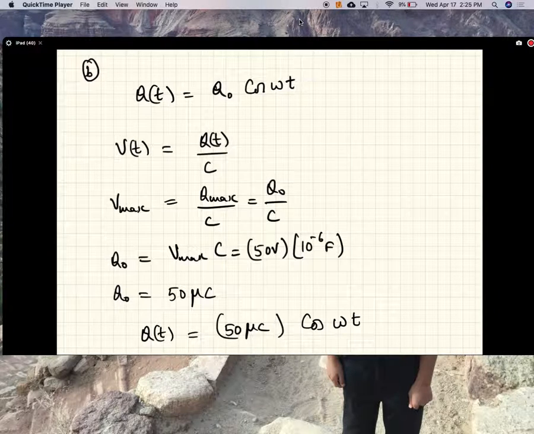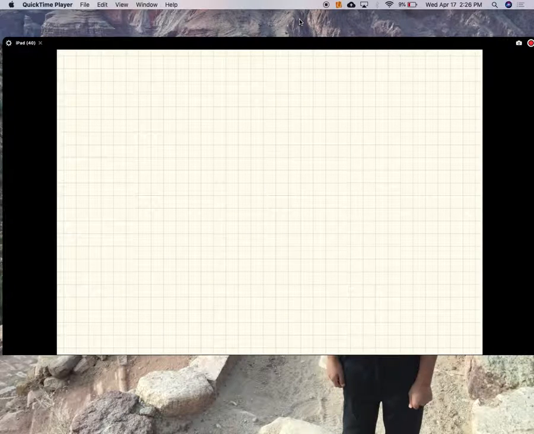Okay, so let's add a page. The current in the circuit is dQ(t) by dt.